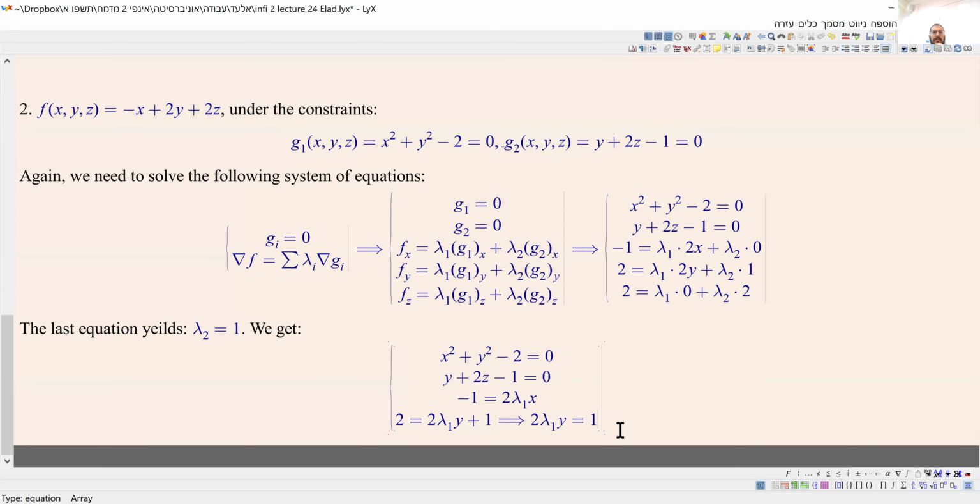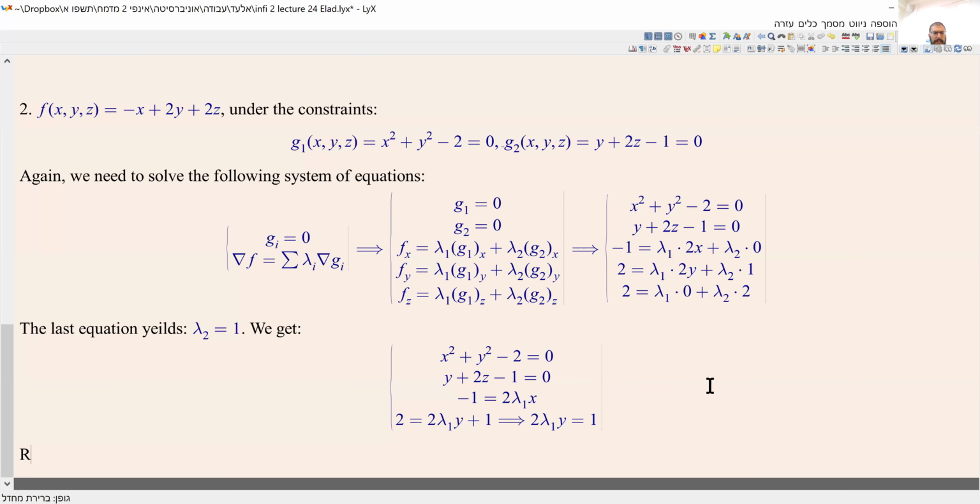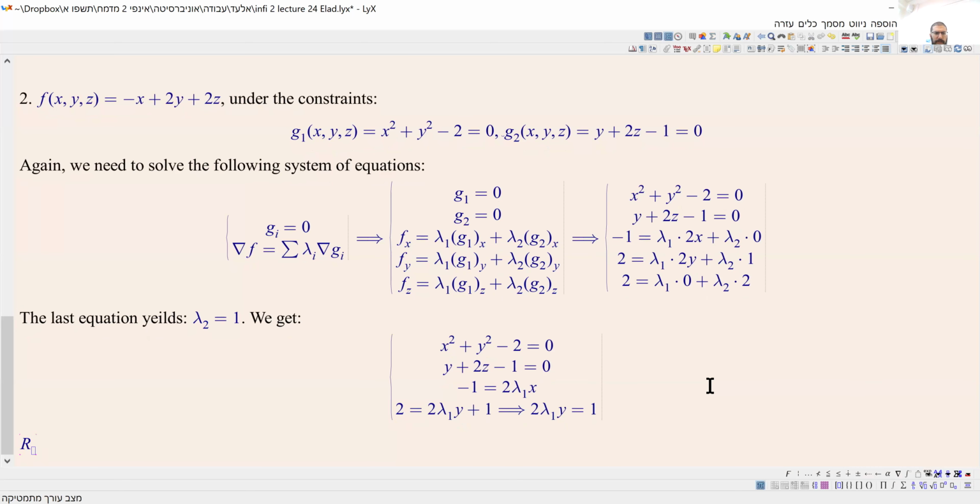Now we can, for example, sum the last 2 equations. In linear algebra, we write this as R3 plus R4, which leads to 2 lambda x plus 2 lambda 1 lambda y is 0.